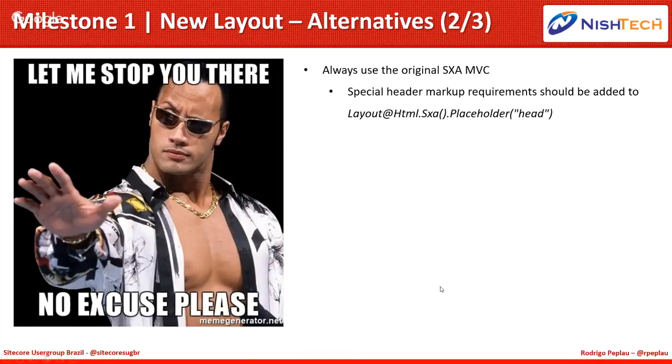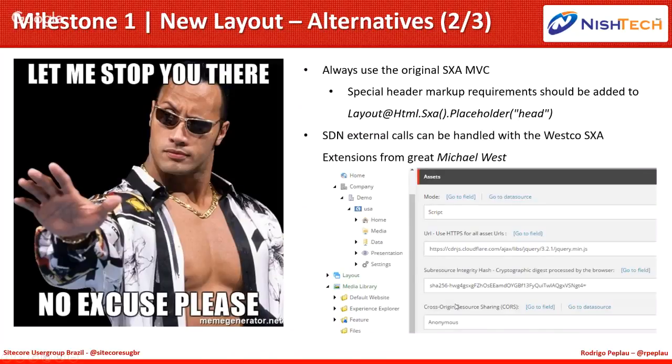You should use that, and in the markup, you have a placeholder called head that you can use to inject your stuff as components, of course. Also, you have this great extension from Michael West, the SXA extension, which enables you to reference an external reference inside an SXA theme, which is really a good fit for this.